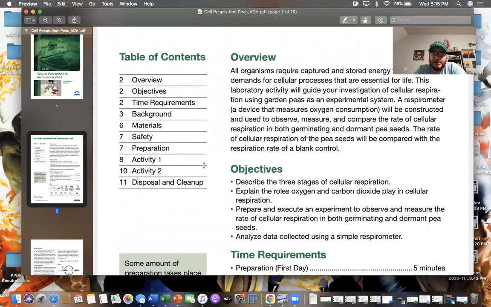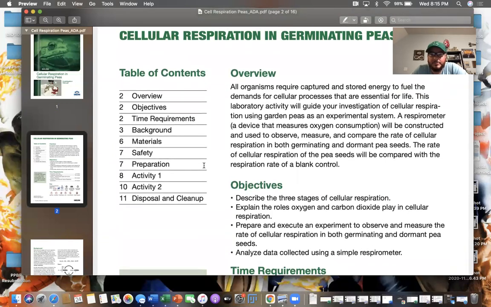The overview of this is to really begin to get into understanding cellular respiration, particularly aerobic respiration.